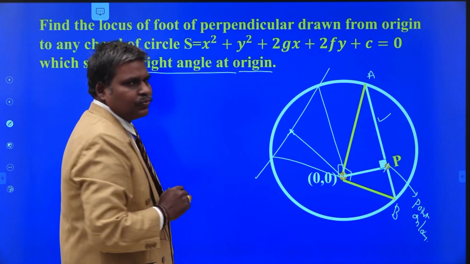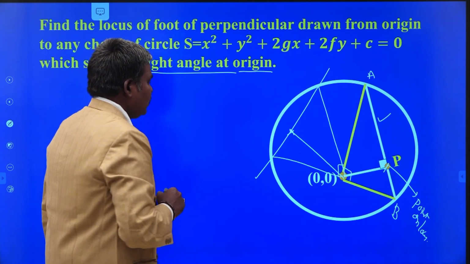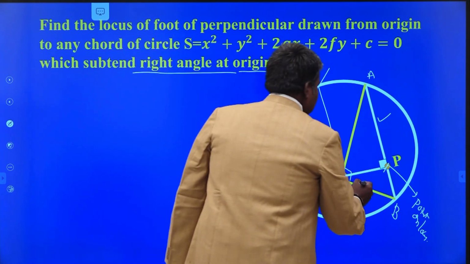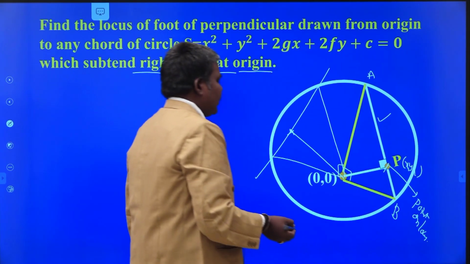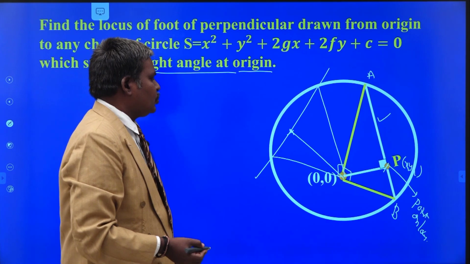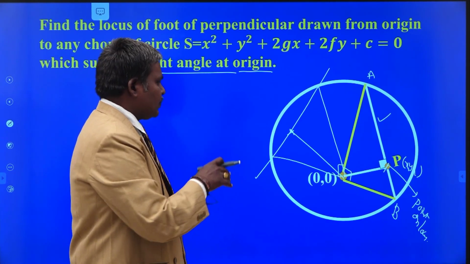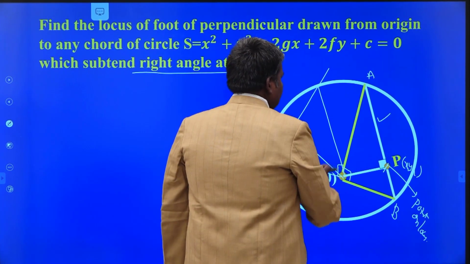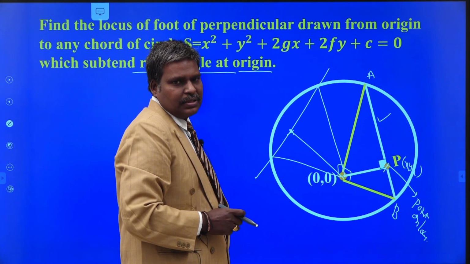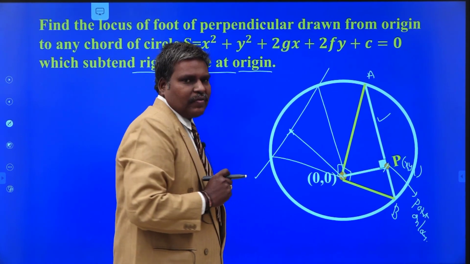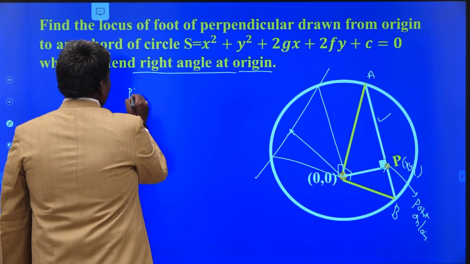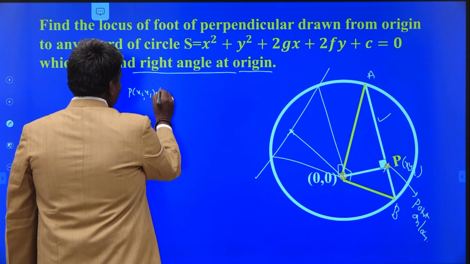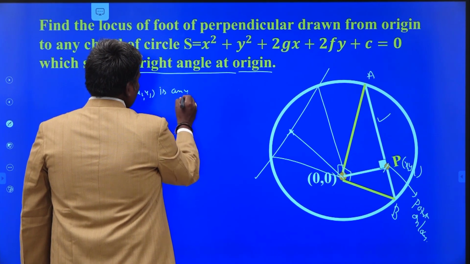That is what you are going to find here. Understand? Now, this is the foot. Suppose x1, y1 is the foot of the perpendicular drawn from the origin to the chord, where the chord subtends an angle of 90 degrees at my origin. So x1, y1 is any point on my locus.